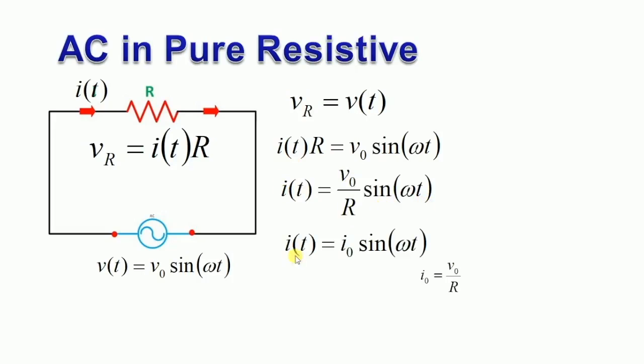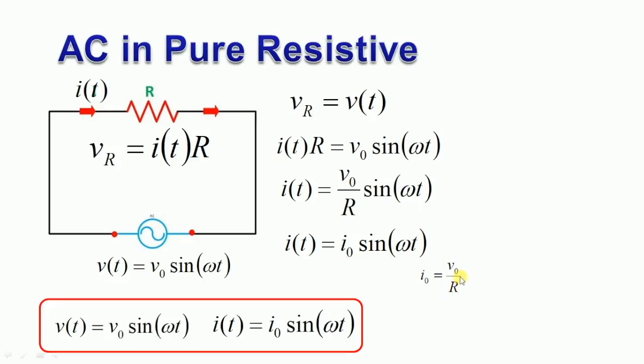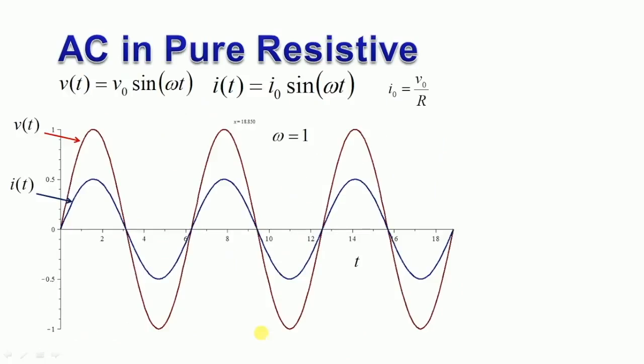So normally we prefer to write I of t equal to I0 sine omega t, where I0 is V0 upon R. Again a kind of Ohm's law for peak values. So we have completed this discussion very quickly, in the sense that V of t is equal to V0 sine omega t and I of t is equal to I0 sine omega t. So here it is again in the same fashion that the value of resistance is something more than 1 ohm.